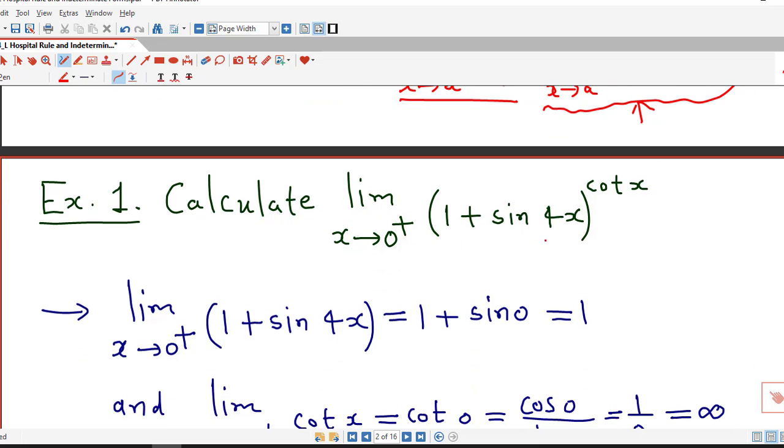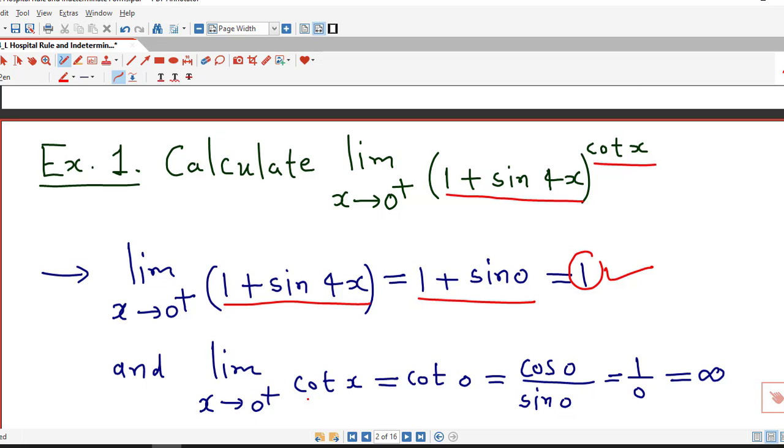Calculate the limit of (1 plus sin 4x) to the power cot x as x approaches 0 from the right hand side. That is, this is a one sided limit. First we decide here f(x) is 1 plus sin 4x, g(x) is cot x. If x tends to 0 from its right hand side, 1 plus sin 4x becomes 1 plus sin 0, that is 1.